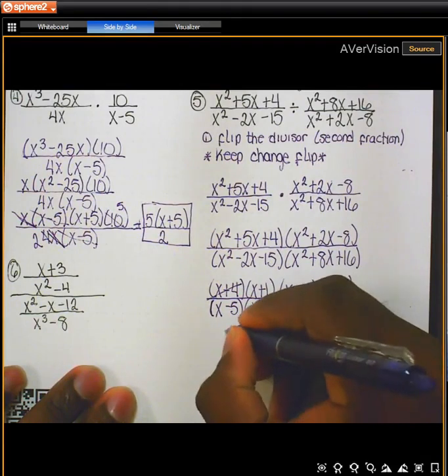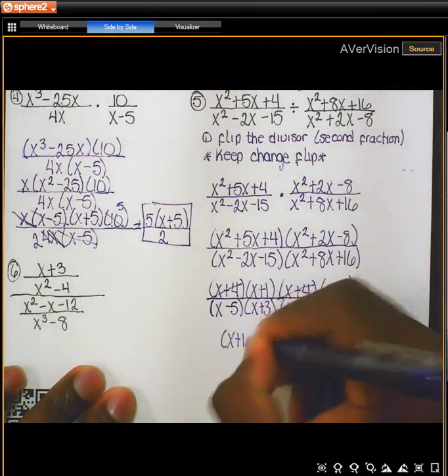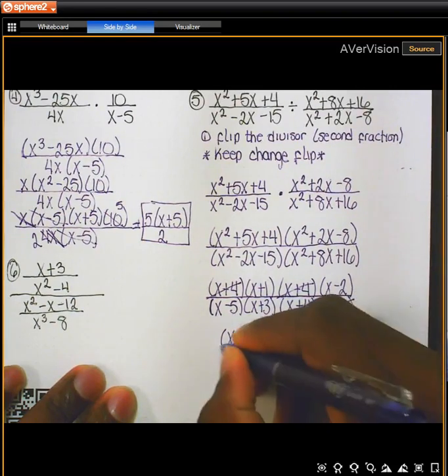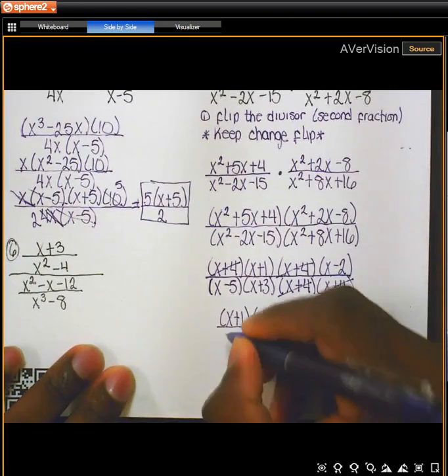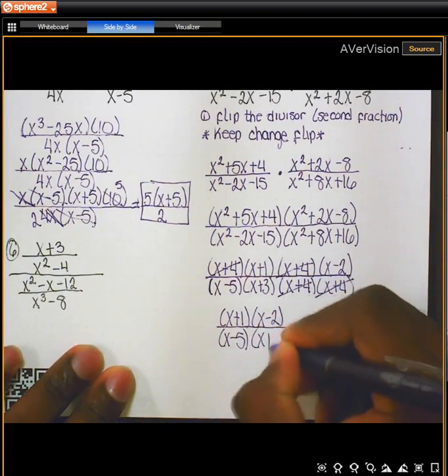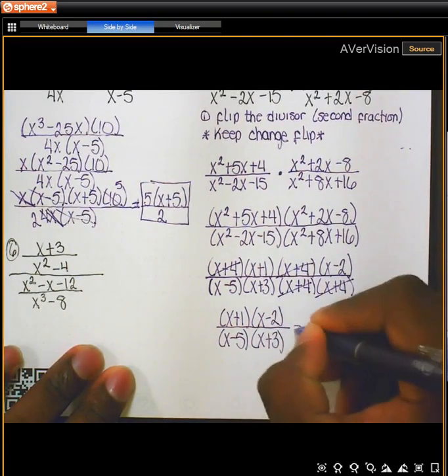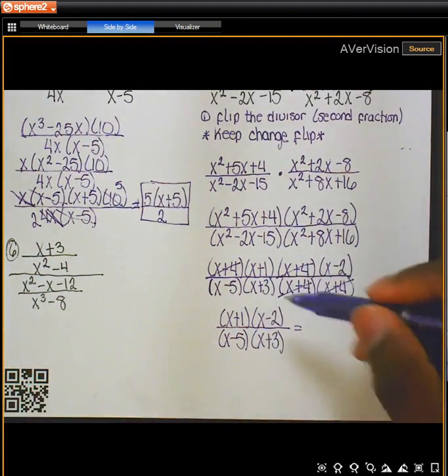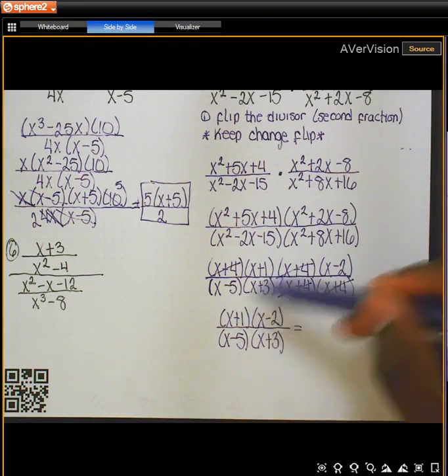And we're left with x plus 1, x minus 2, and x minus 5, x plus 3. And if we expand that out again, what does that become? By expand, I mean distribute or FOIL.